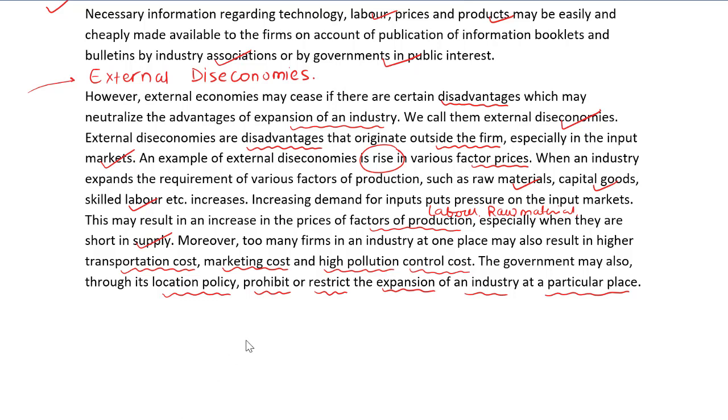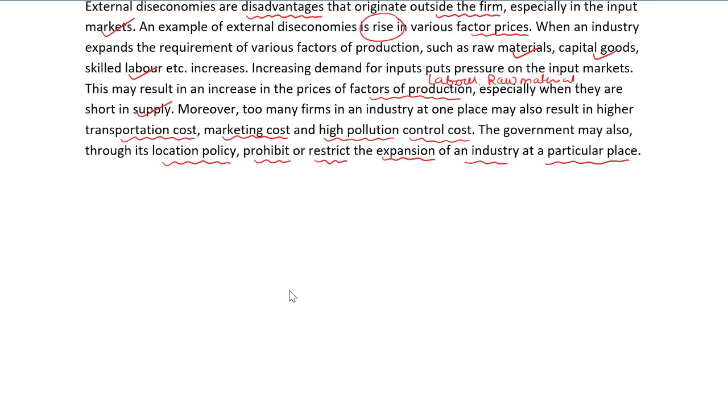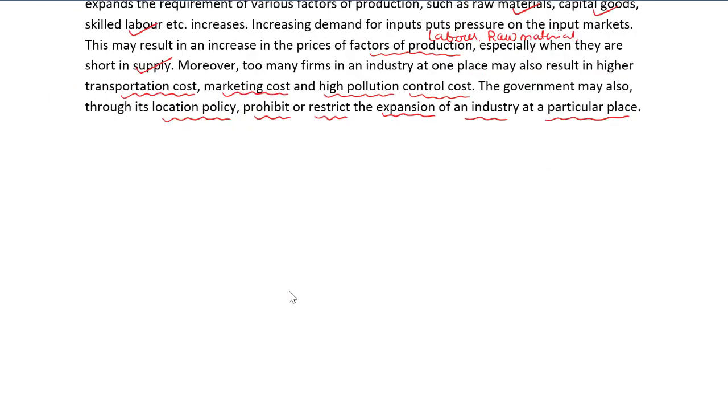Many a times it happens that government puts some restrictions that some of the industry cannot work in this area, because that will increase the pollution level and make that area polluted, and society will be in a very adverse situation. So basically from this paragraph we take 3 points.